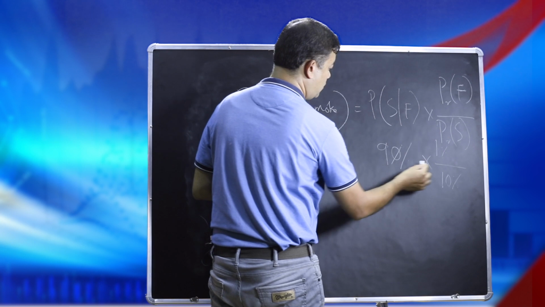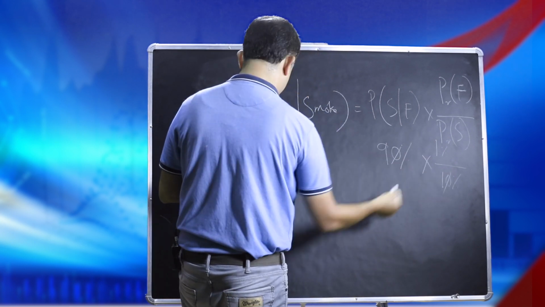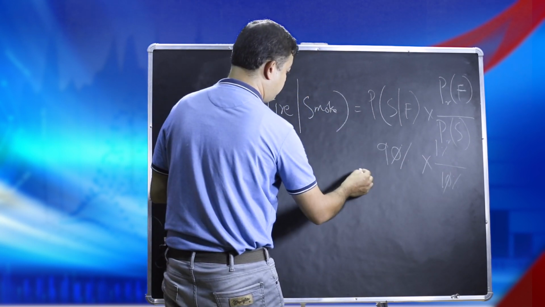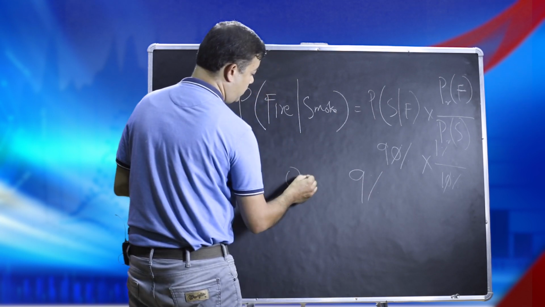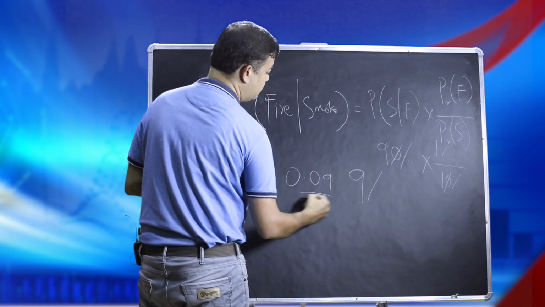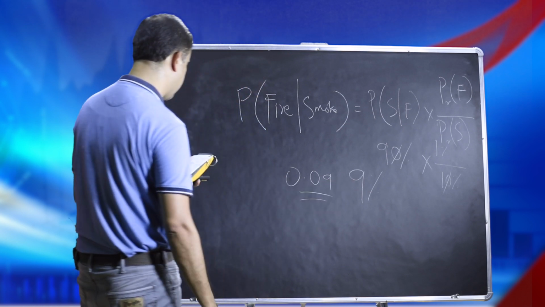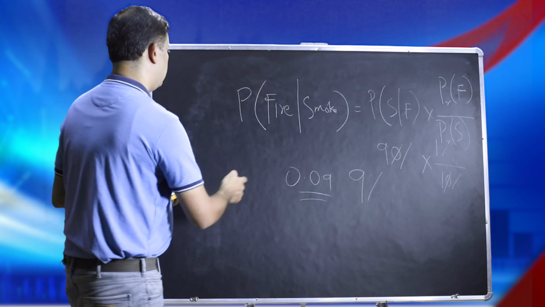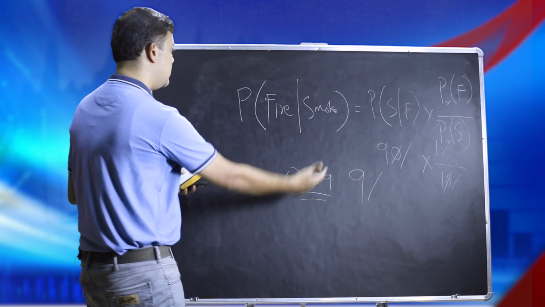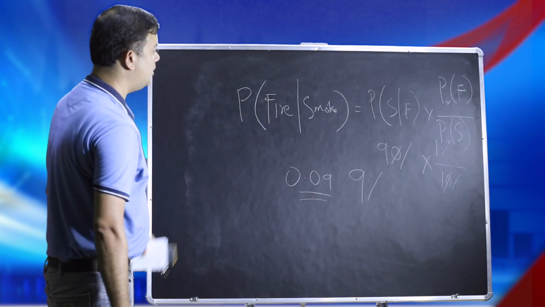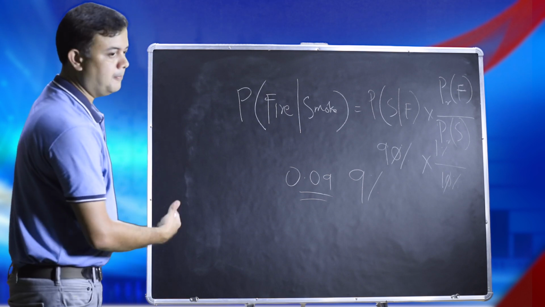So if you solve it, the answer is 9%. So 9% or 0.09 is the probability, which is very, very low. 9% chance that the smoke is really caused by the fire. So this kind of problem can easily be solved using Bayes theorem.